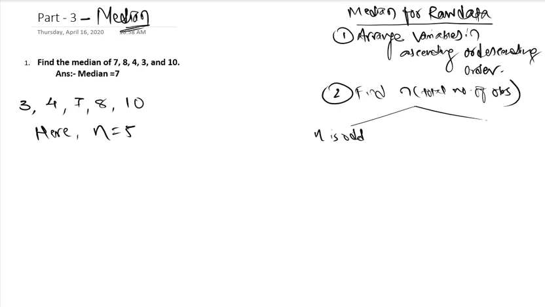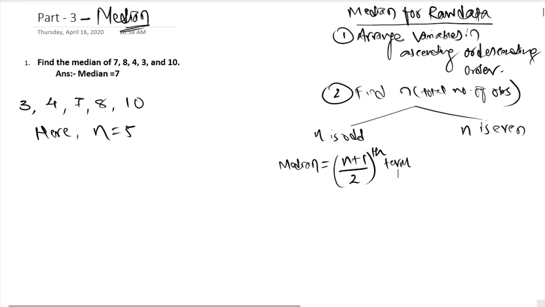And the second is if n is even. अगर n even है तो क्या करना है? So if n is odd, median is equal to n plus 1 by 2th term. Median is n plus 1 by 2th term, right?